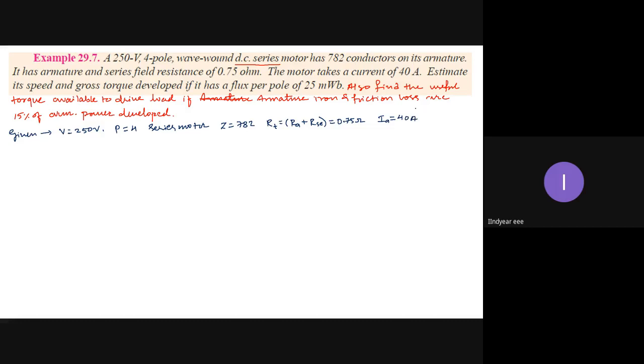So estimated speed, okay, speed is given. So I have to find it, the speed. Flux per pole is 25 milliwebers, and armature loss is equal to 15% of armature power.